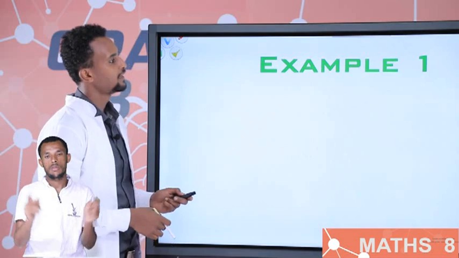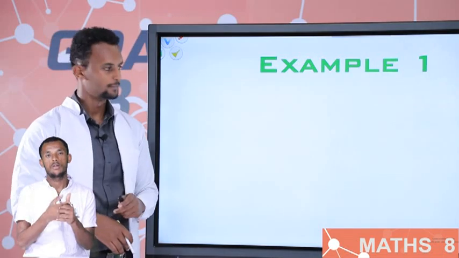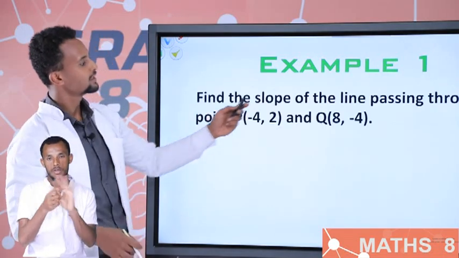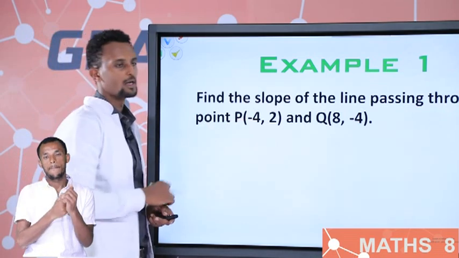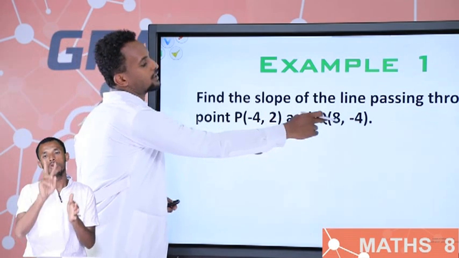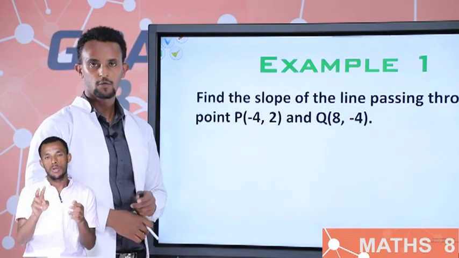So, let's see the first example. In the first example, find the slope of the line passing through the point minus 4, 2 and the point 8, minus 4.